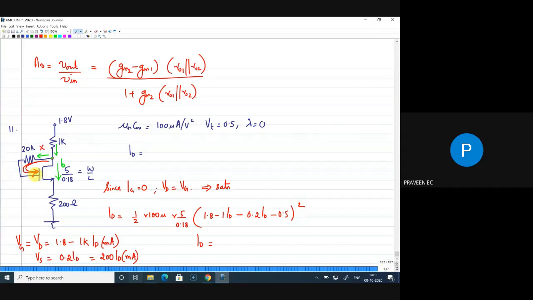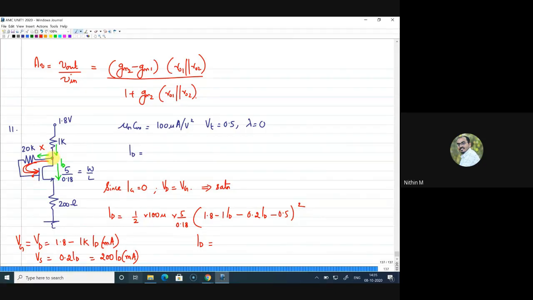No, sir, no current will flow there. No current will flow, which means this node is the same as this node, right? Then only your current will be 0. That means your gate is the same as the drain.